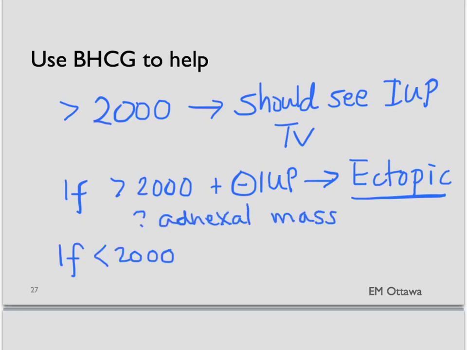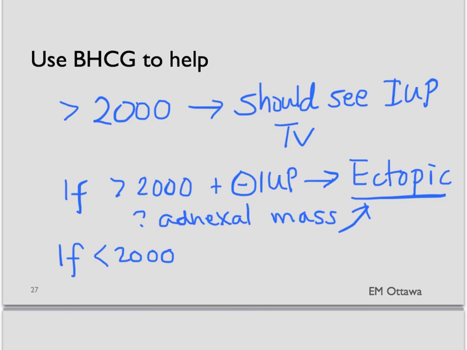What if it's less than 2,000 and we don't see any intrauterine pregnancy because we don't expect to see it? Now, if there are any worrisome things on the ultrasound like adnexal masses, we will still be worried about an ectopic. However, if we don't see anything at all, the patient doesn't have free fluid, they are stable, their beta HCG is less than 2,000, and we can't see anything at all on the ultrasound, they can still be a very early intrauterine pregnancy or an ectopic.